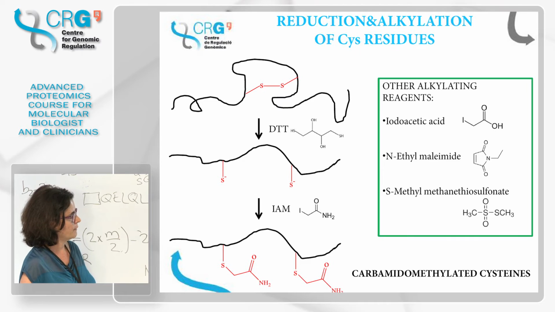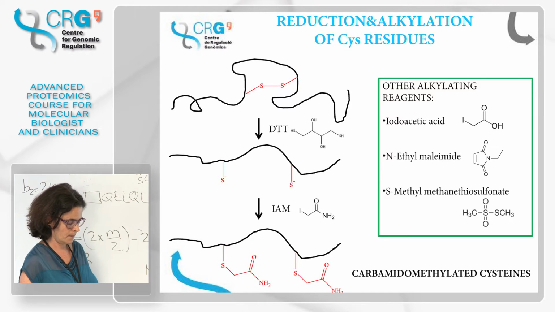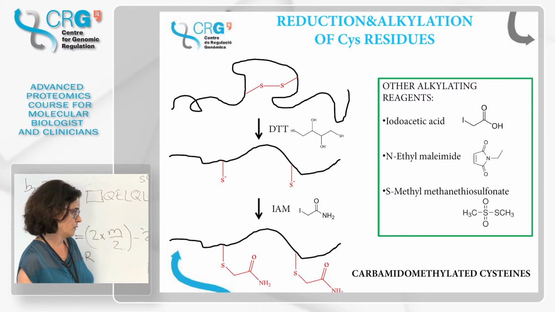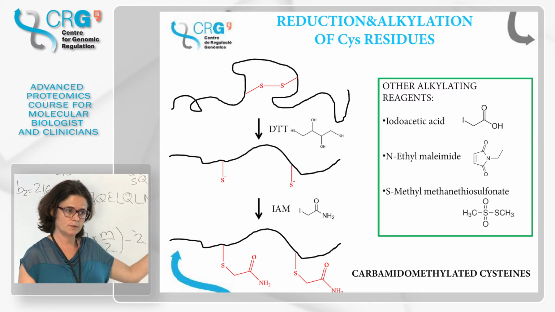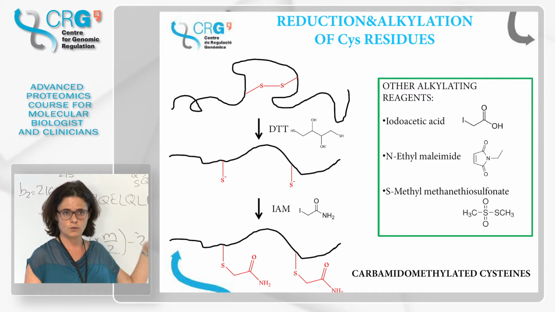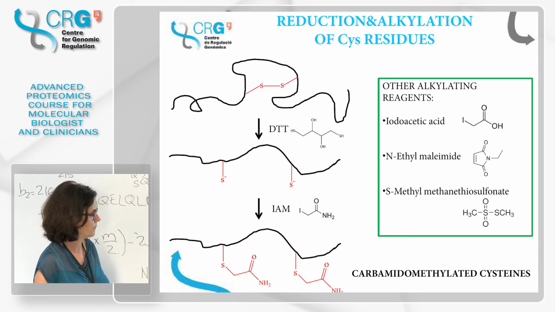But also, if we have disulfide bonds, we can have an equilibrium between these two forms, making the sample more complex. So we want to have all the peptides in the same state. That's why we are irreversibly alkylating these cysteines. This is something you need to take into account when you do a database search, because then you always put this carbamidomethylation of cysteines as a fixed modification. So you know you have done this reaction, we know it's almost 100%, all your cysteines should be carbamidomethylated.